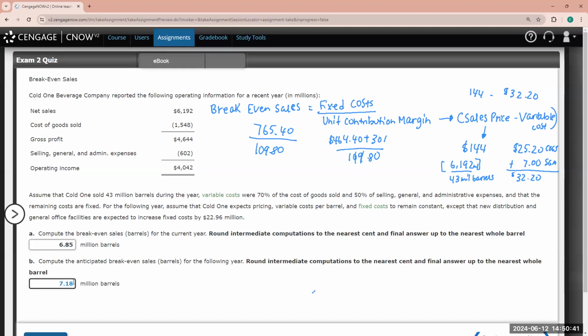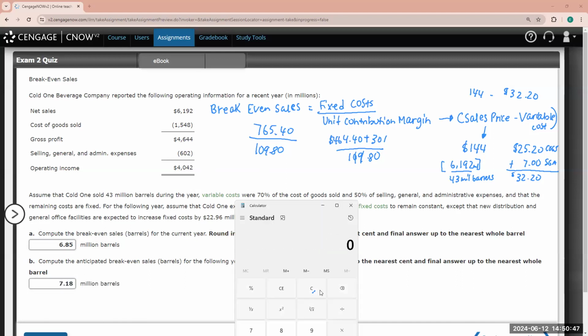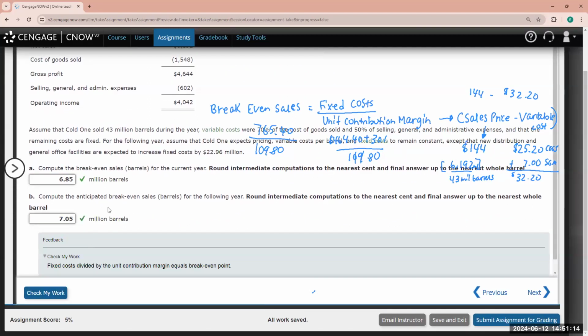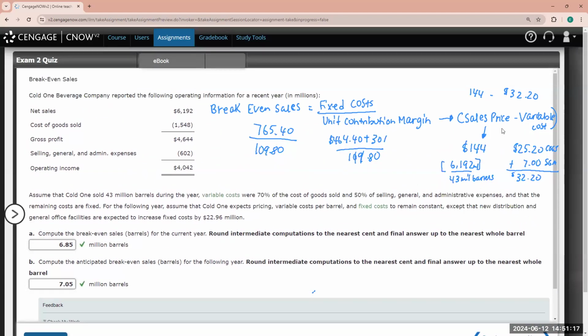And for B, we compute the anticipated break-even sales, and this would be our fixed cost of 765.40 plus the 22.96 million, the increase that we expect, divided by 111.80, which lets us know that we would need to sell 7.05 million barrels. All right, so that was my fault. As we see here, this should be 111.80.